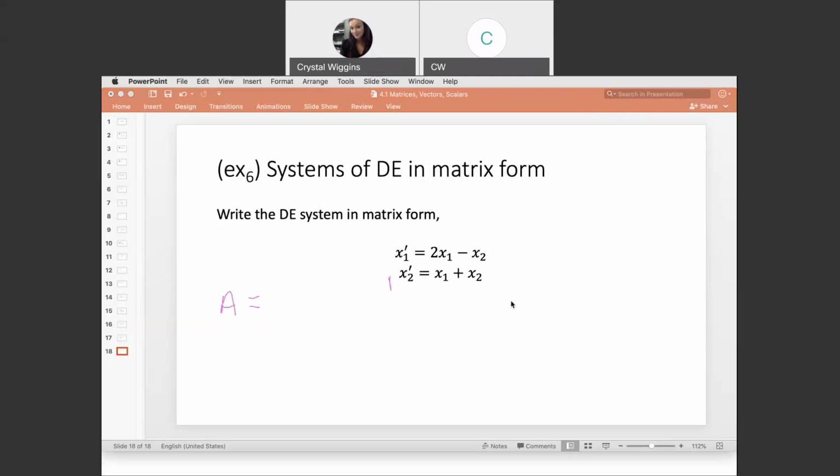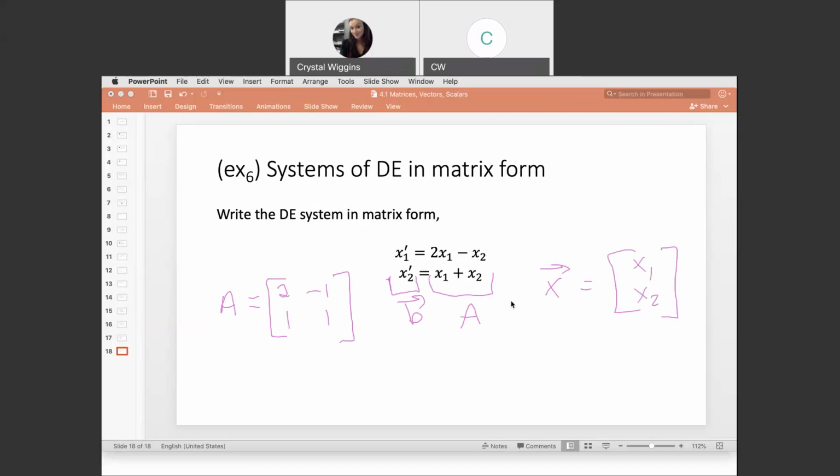So this is the vector B, and this is going to make up the coefficient matrix A. So our coefficient matrix is 2, 1, negative 1, 1. While our solution vector X is generic with the variables that are unknown.